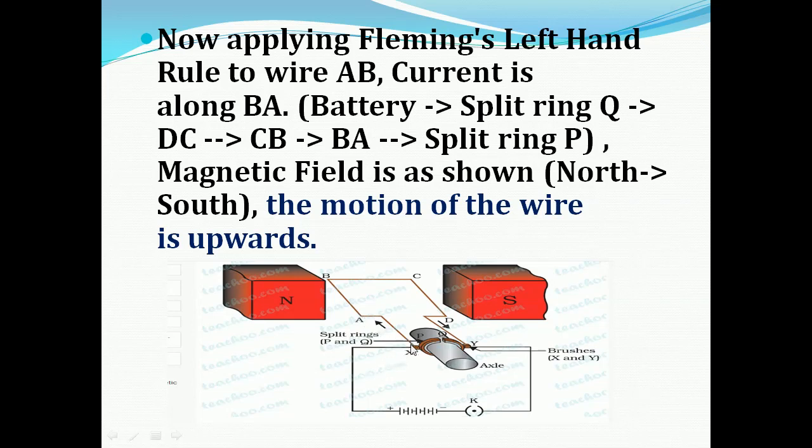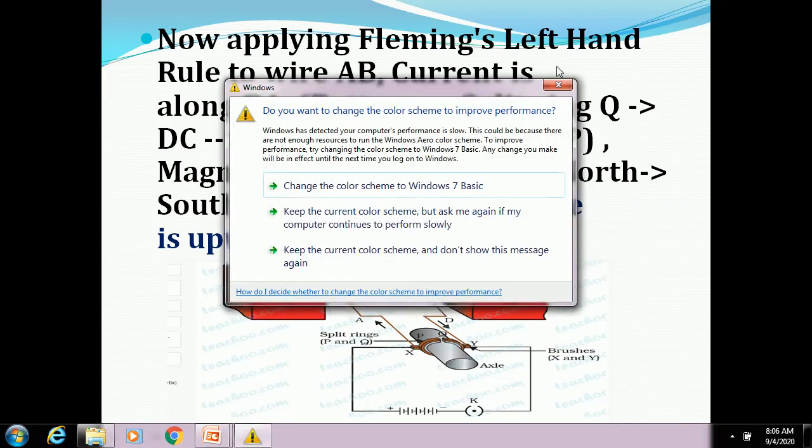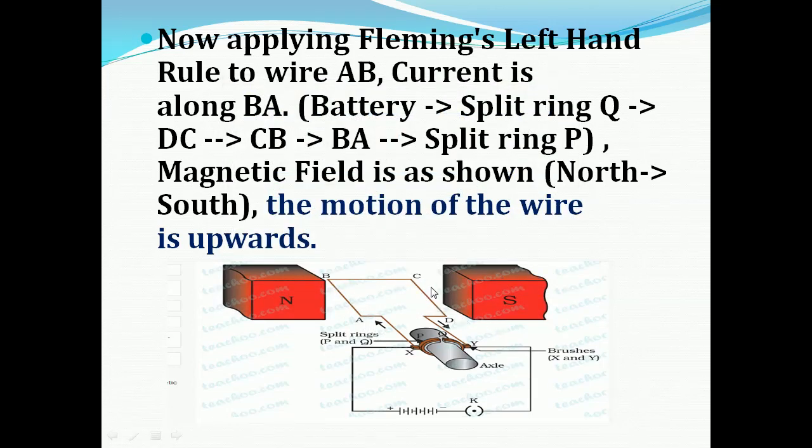From the battery to split ring Q, then to DC, then to CB, then to BA, then to split ring Q. So the current is now along BA, and it comes from the battery to split ring Q, then to DC, then to BA, then to split ring Q. Now the direction of the current is reversed, so the motion of the wire AB will be upward. It will move upward.